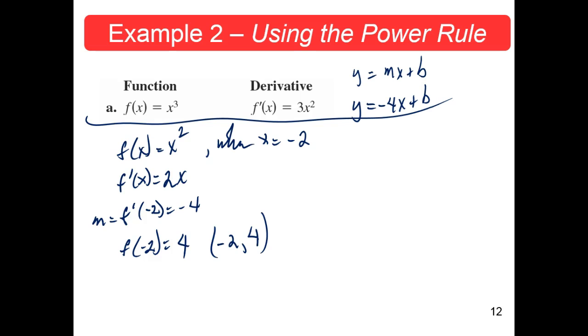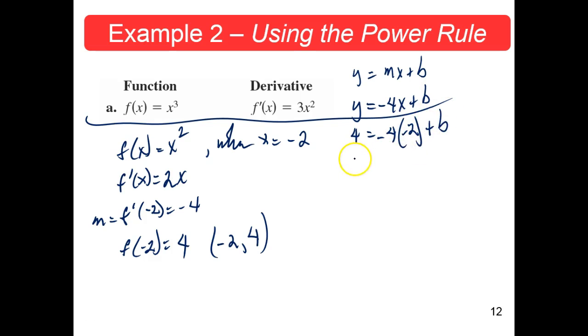Now, let's plug that into your slope, because guess what? The tangent's got to touch that point, right? That's a point on the curve, on the parabola, but it's also the point where the tangent line touches. So now we have a slope. We won't get the y-intercept directly, but you can get the value. Let's plug in a 4 for y, which is equal to -4, that's your slope, times your x, which is -2, plus b.